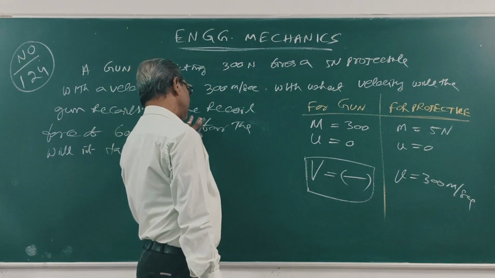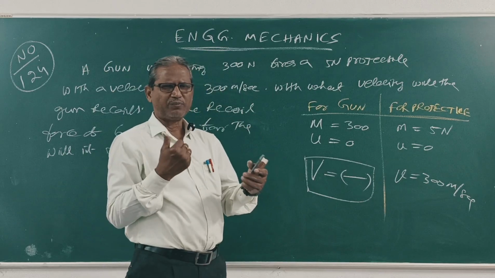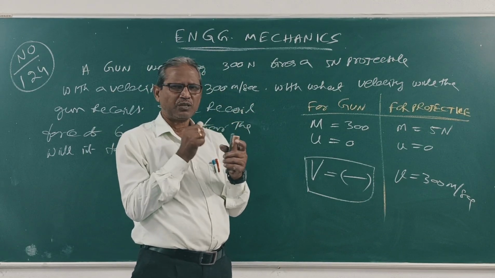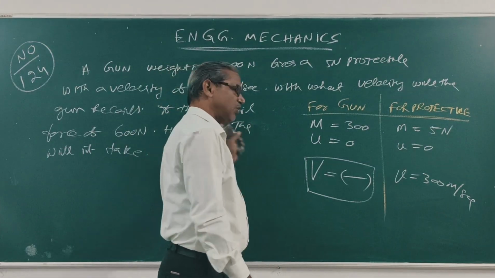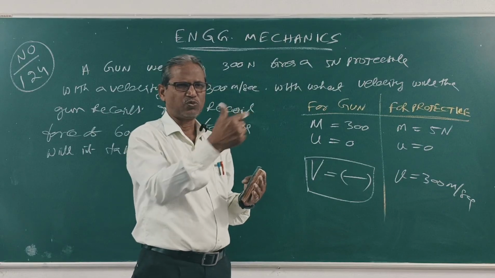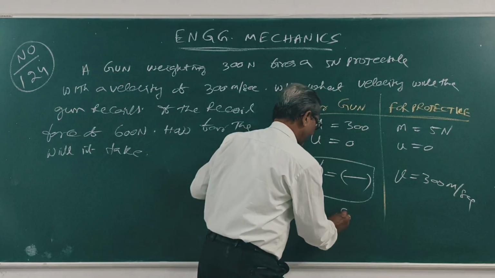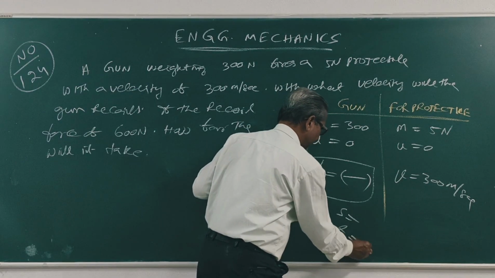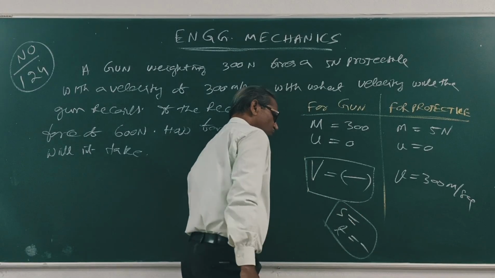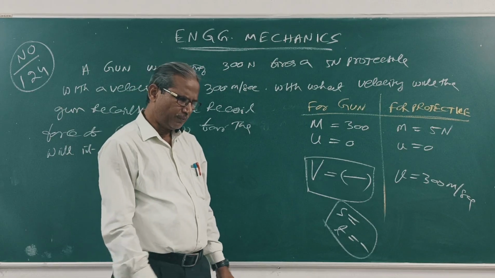The gun will recoil backward, the bullet will move forward, and we give some force to stop the gun. That force is 600 Newton. Then the gun stops. So what distance does it move after firing? What time taken, T? What distance is travelled due to recoil of the gun? What time taken to travel the distance? Clear?